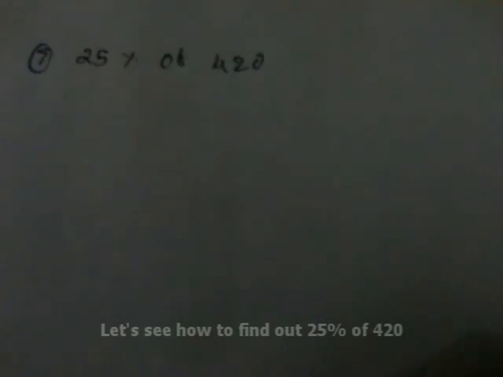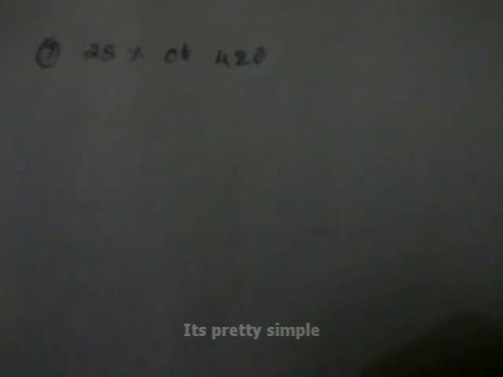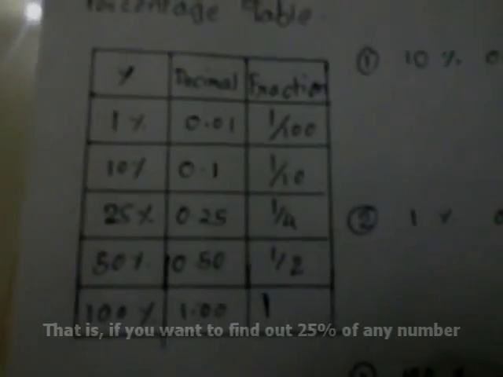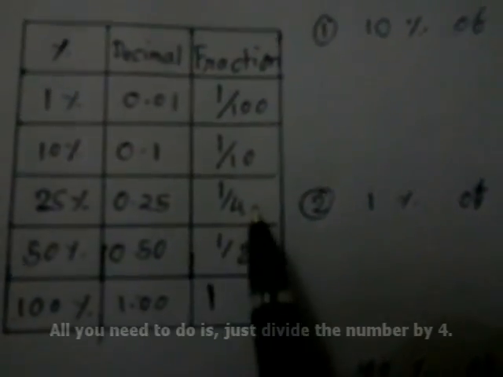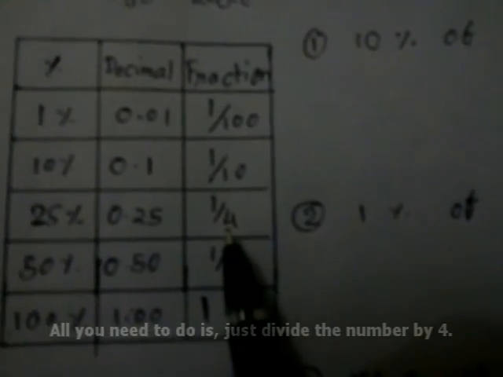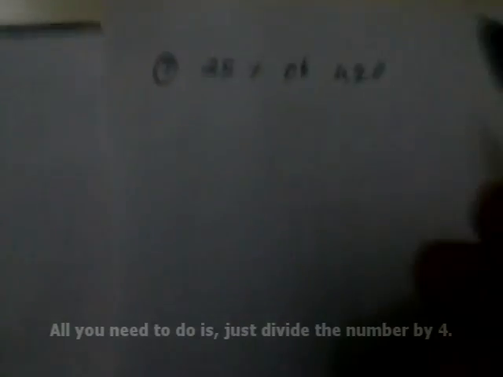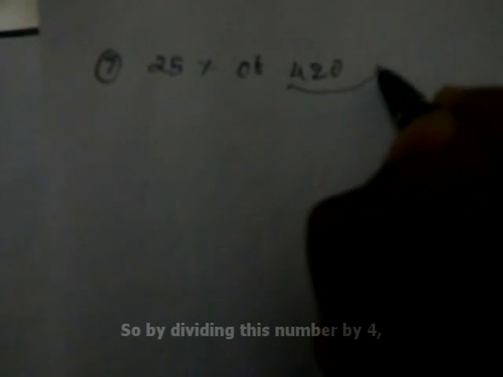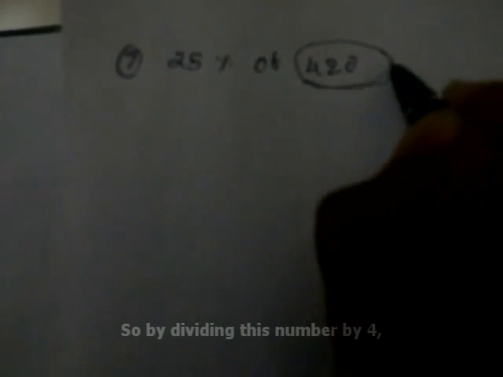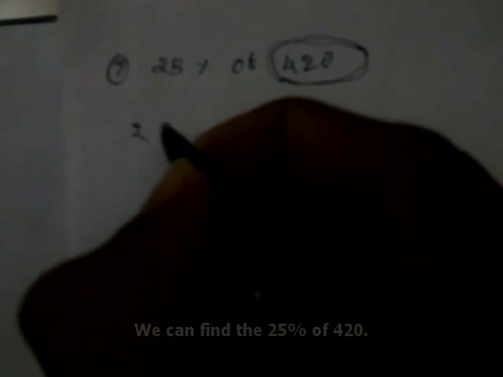Let's see how to find out 25% of 420. It's pretty simple. Remember the percentage table we have seen earlier? If you want to find out the 25%, all you need to do is just divide the number by 4. So by dividing this number by 4, we can find the 25% of 420.